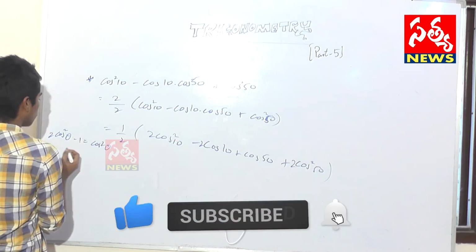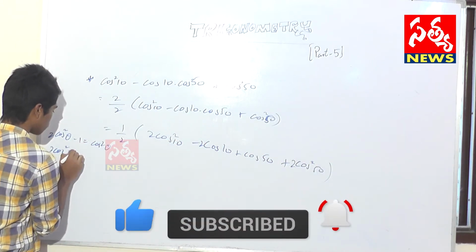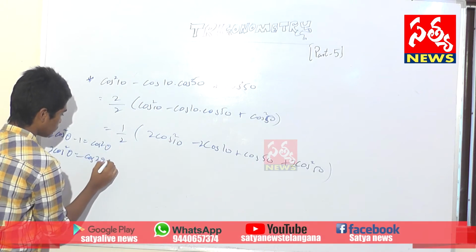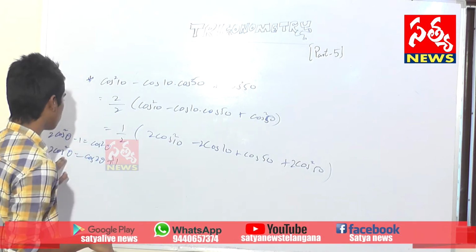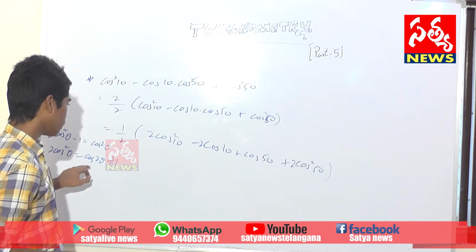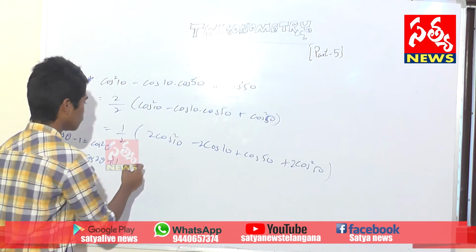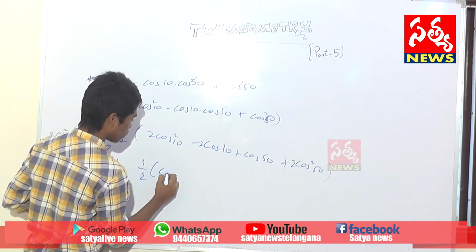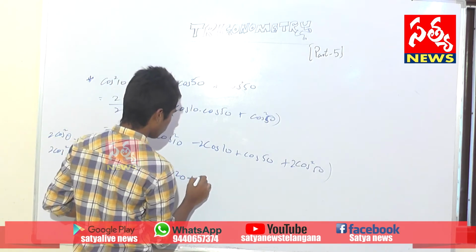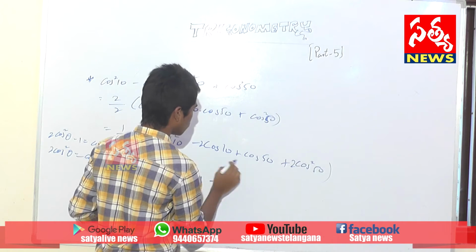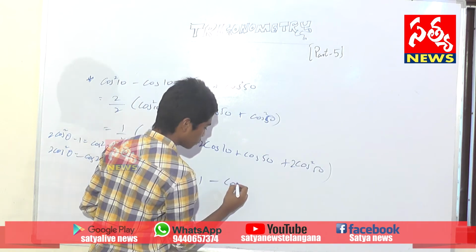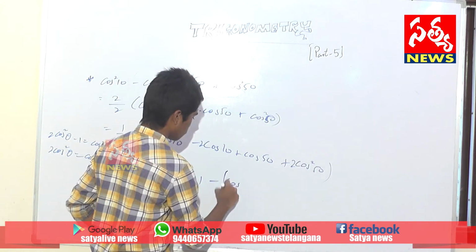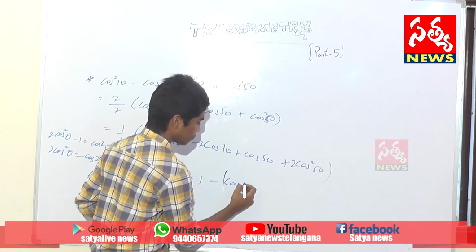Now if we take this one to RHS, we get 2 cos square theta is equals to cos 2 theta plus 1. So in place of 2 cos square theta, I am going to write cos 2 theta plus 1. As here theta is 10, we get 20. Cos 20 plus 1 minus, and this one cos c plus cos d, minus of cos c.